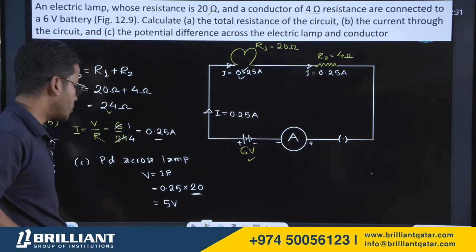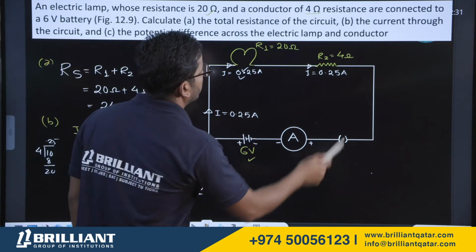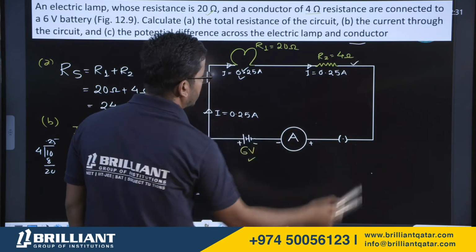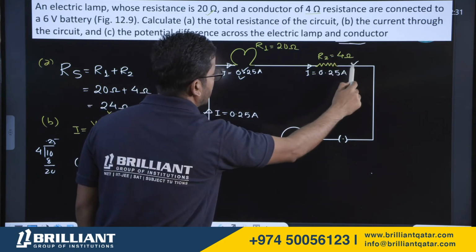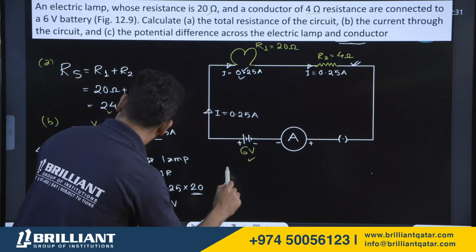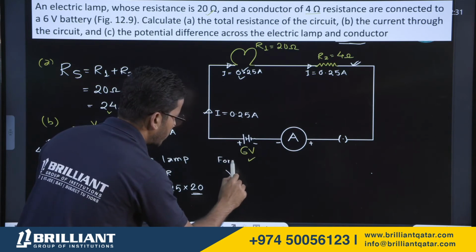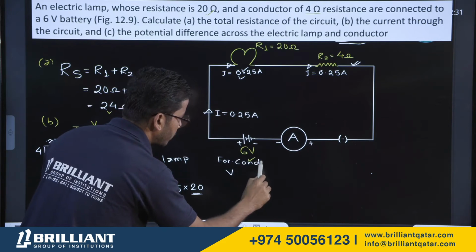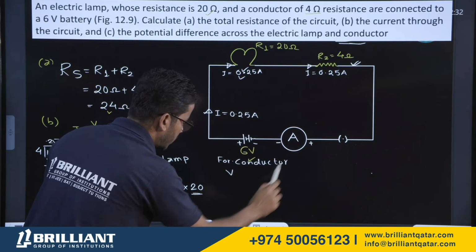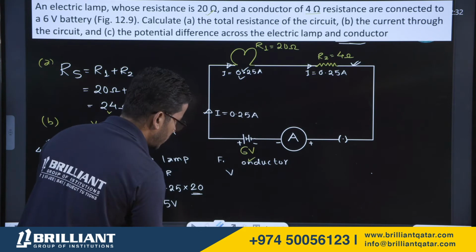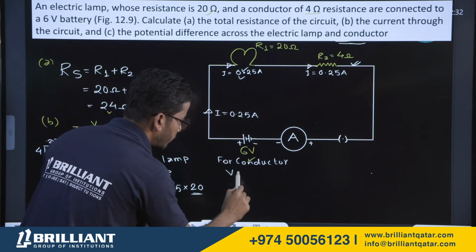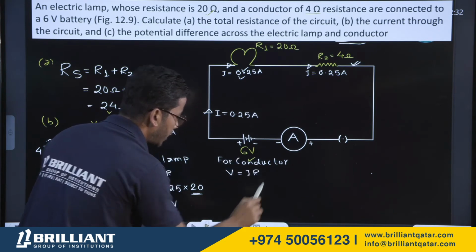Perfect. So what is the next part? Next one is the total potential difference in the conductor. So what's the formula? You will tell me, sir, V is equal to IR, right?